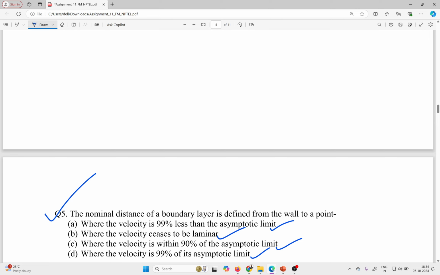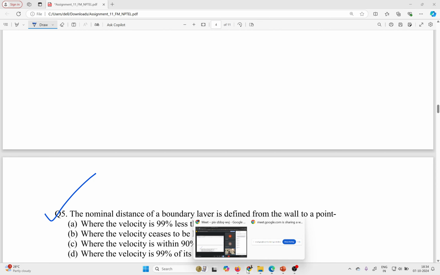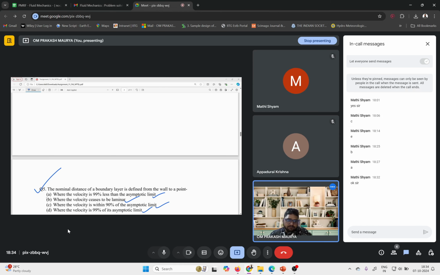Which option is correct for question number 5? Please try to give your answer.